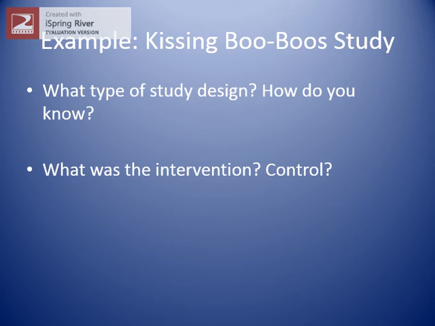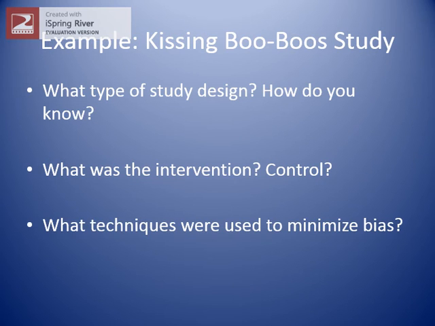So what was the intervention? It was the kissing of the boo-boos. The intervention was by the mother. The control was really more of a placebo, it was by someone else. But remember, they blinded so that the child didn't know who was doing the kissing of the boo-boo.